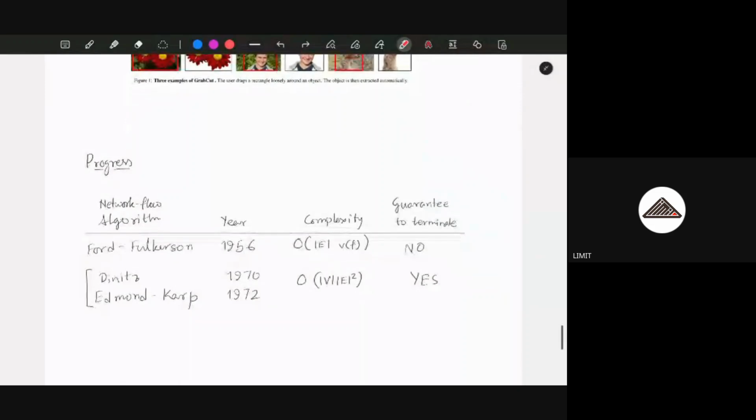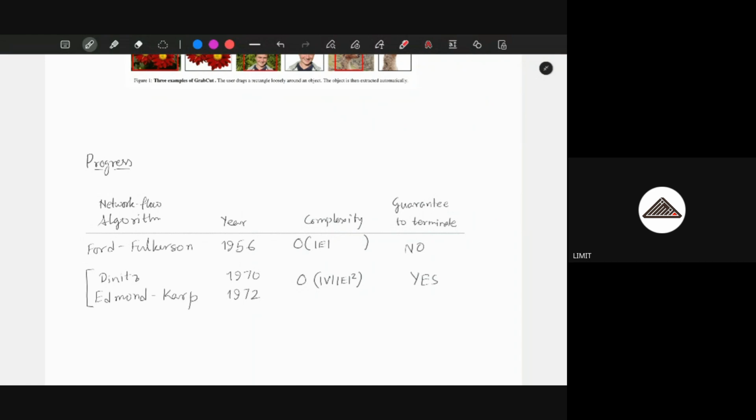One thing is this Ford-Fulkerson algorithm. If you take capacities to be infinity, it may not end. Complexity is actually order of the number of edges times the value of the flow. Or maybe I should not say this.